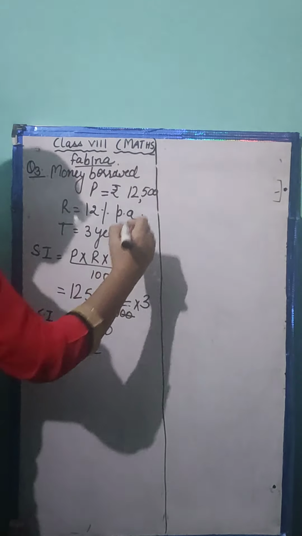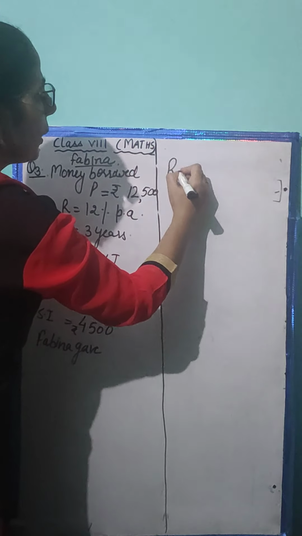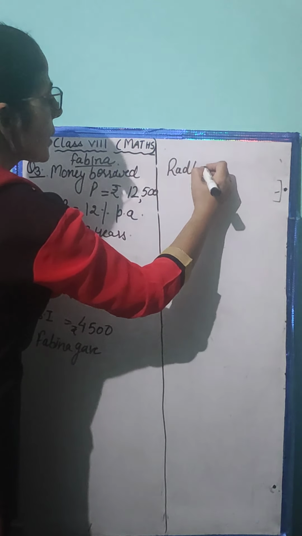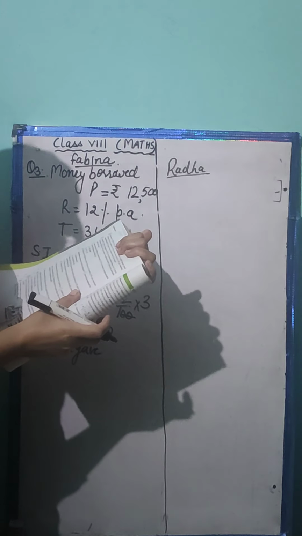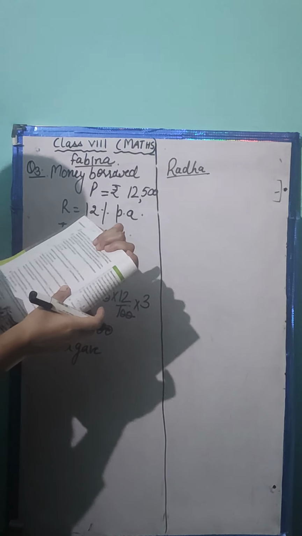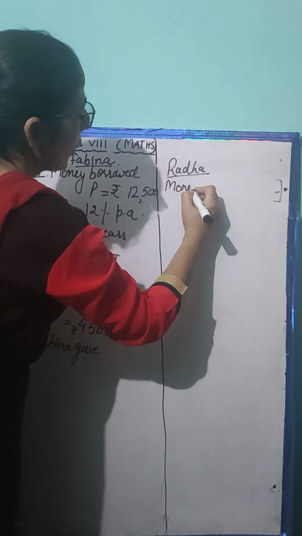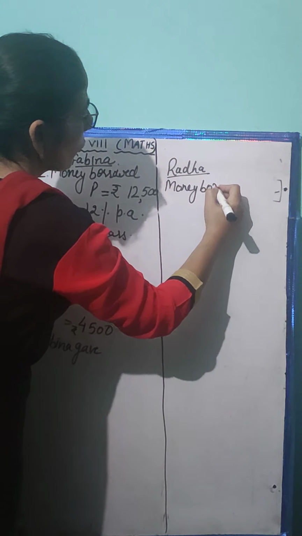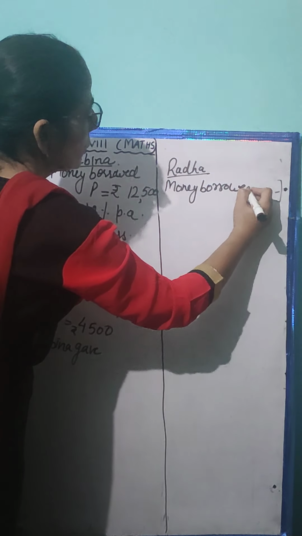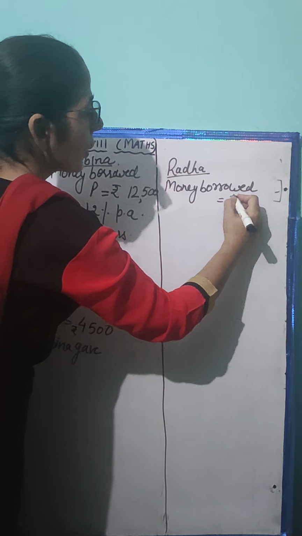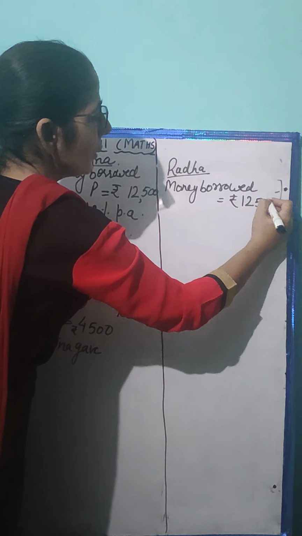Now at the same time Radha borrowed the same money at 10% per annum for the same time. Money borrowed is the same, so that will be equal to rupees 12,500.